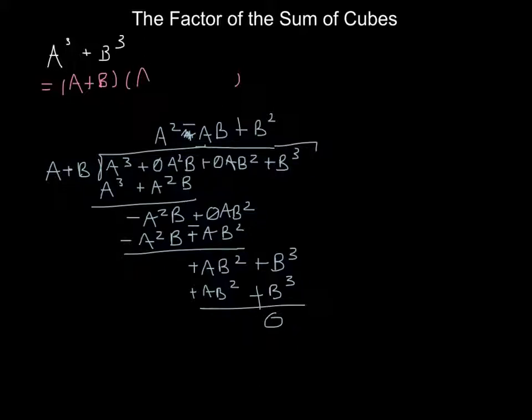So I've got a squared minus ab plus b squared. And again, we're just putting this up here. So again, we'd have to double check to see if this is factorable or not, because if it's factorable, then we can factor it further.